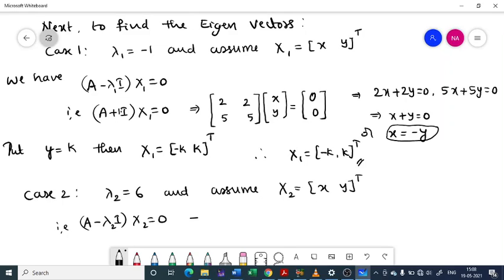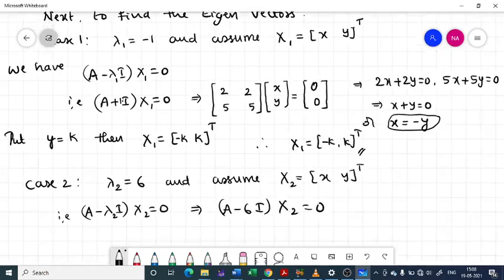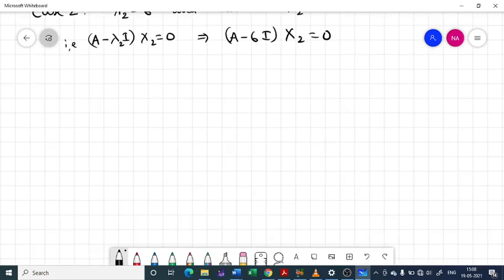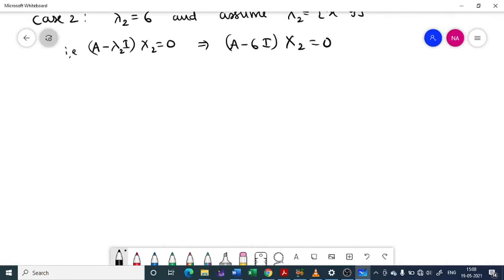So that implies A minus 6I into x2 equal to 0. So A minus 6I means you have to subtract 6 from the diagonal entries of A.